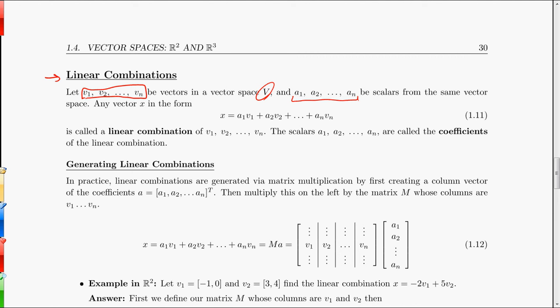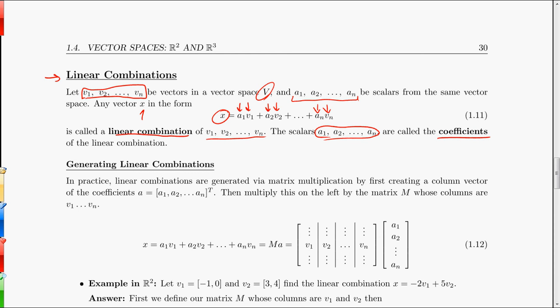Think of them as real numbers. Then any vector x that looks like this, the first scalar times the first vector, plus the second scalar times the second vector, on and on, plus the last scalar times the last vector, is called a linear combination of those vectors. The scalars, the a's, are called the coefficients of that linear combination.